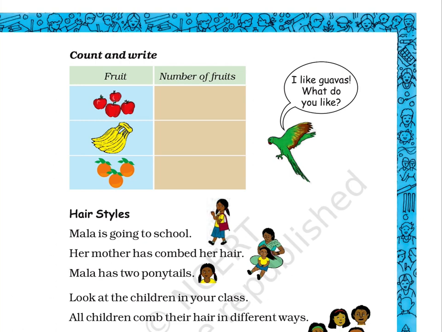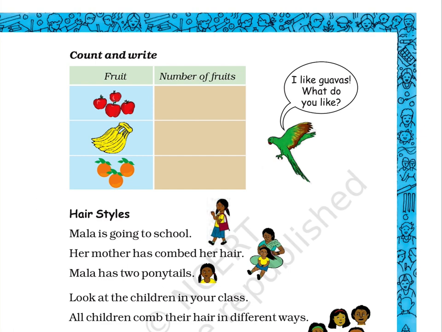number of fruits. The table reads as, Row 1. Column 1 has picture of 4 apples. Column 2 has empty space for writing number of fruits. Row 2. Column 1 has picture of 5 bananas. Column 2 has empty space for writing number of fruits.